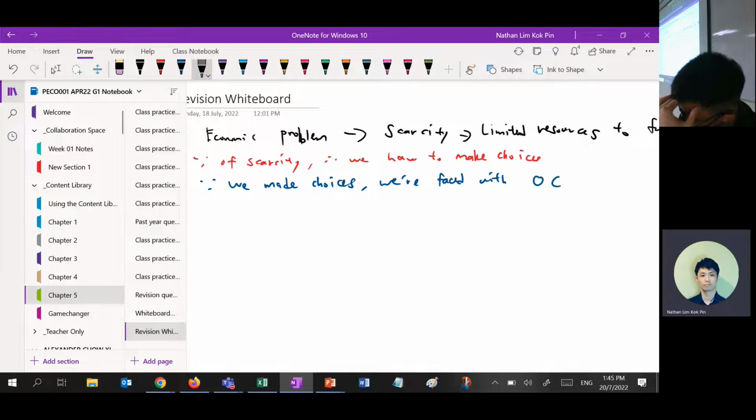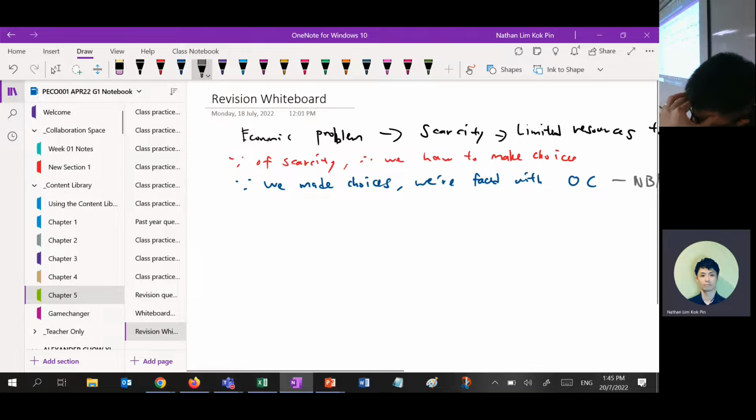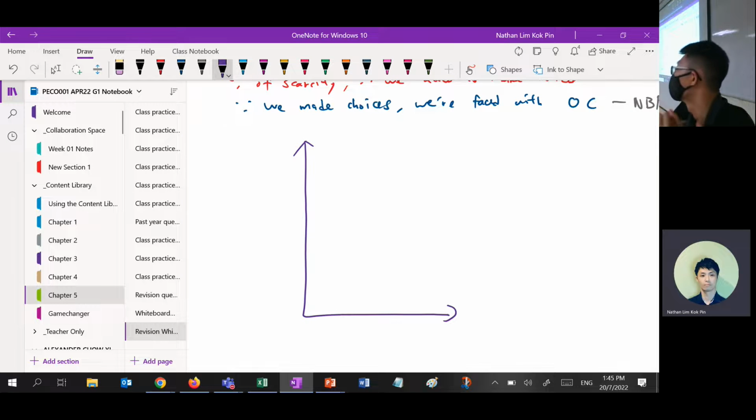Opportunity cost can be defined as the next best alternative forgone, right? There is one diagram that can illustrate opportunity cost, scarcity, and choices. It is known as the PPC or PPF, production possibility curve or production possibility frontier.